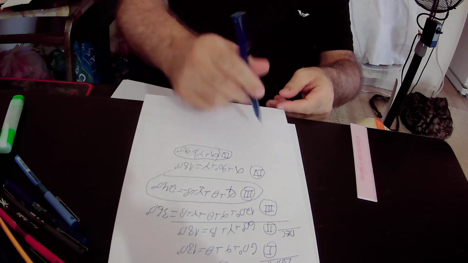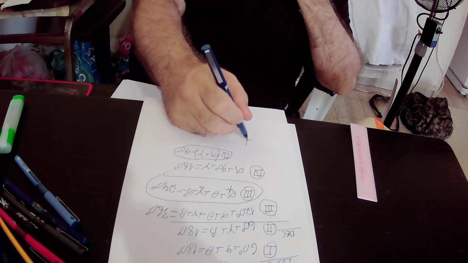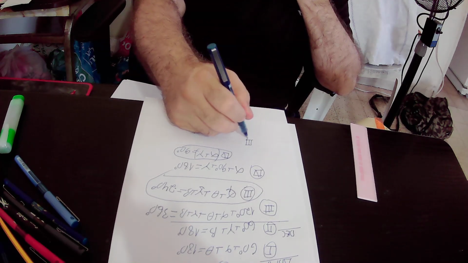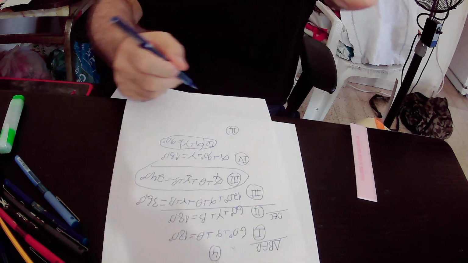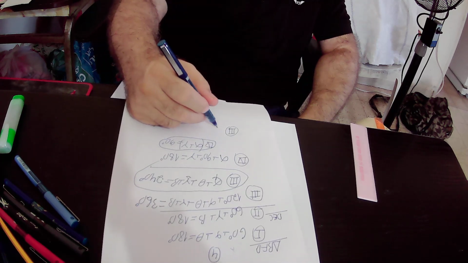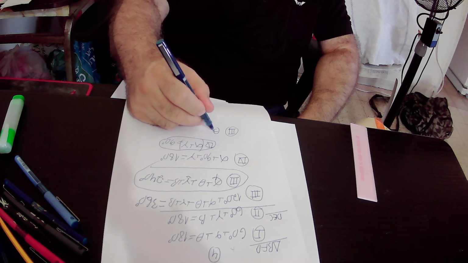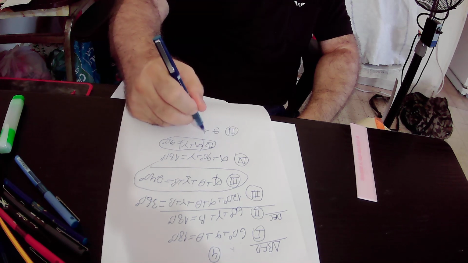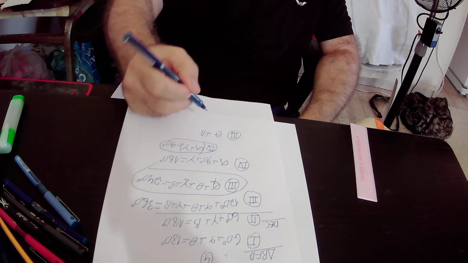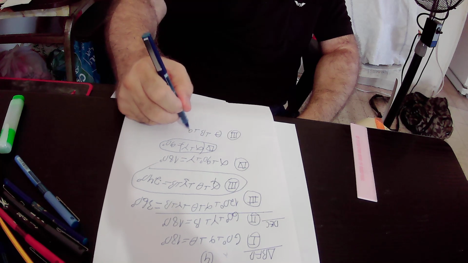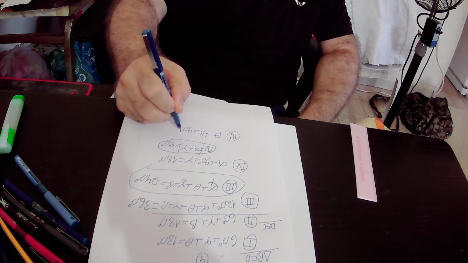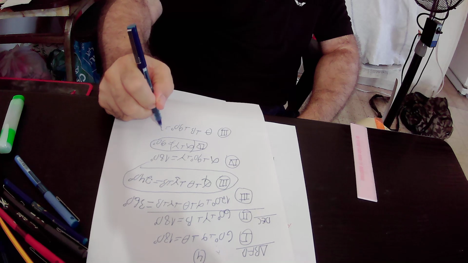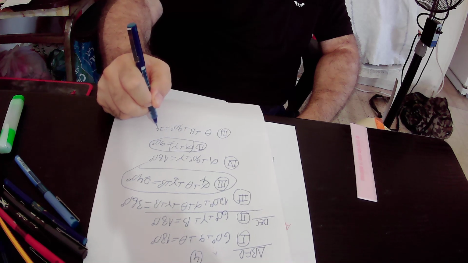We'll get that theta plus beta plus 90 degrees equals 240 degrees.